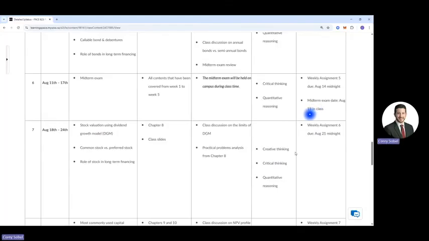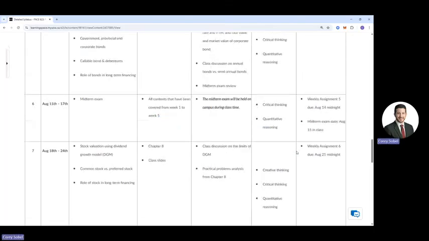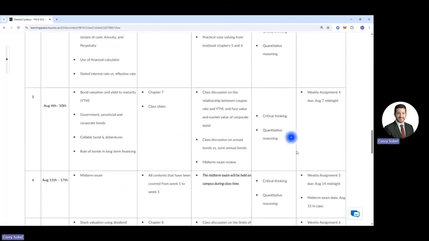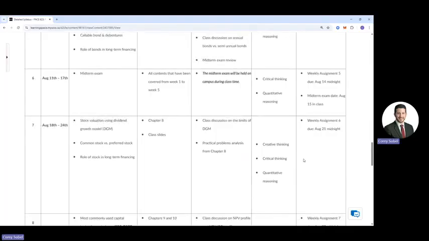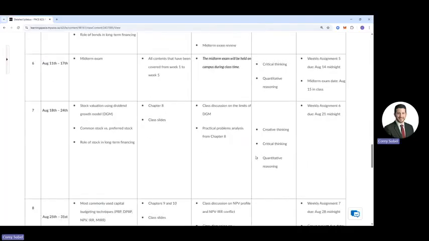So what did you do up until that midterm? Well, it was the information covered up to week 5. Up to week 5, we really mostly went through up to the end of bonds, in that chapter. So everything we've done after that is really going to be more of the focus. So focusing on elements after the midterm, which is really where we got into chapter 8. Chapter 8 was where we started getting into that dividend growth model.